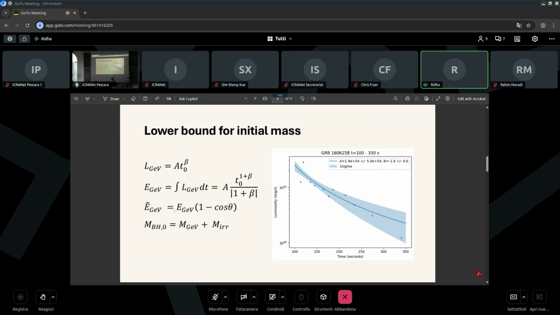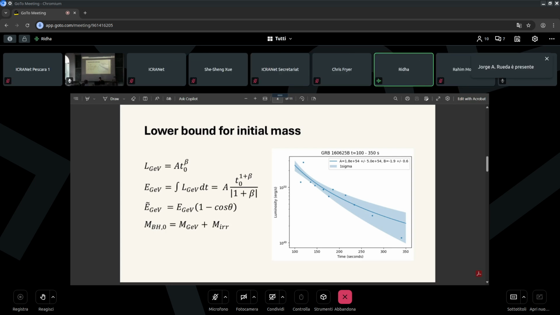And I also perform a correction because what we see is the beamed GeV energy, and we need to find the isotropic energy in order to estimate the mass. So, considering a theta of 60 degrees, we estimate the isotropic energy, and then finally with mass conservation, the initial mass would be the sum of the extractable energy plus the irreducible mass.